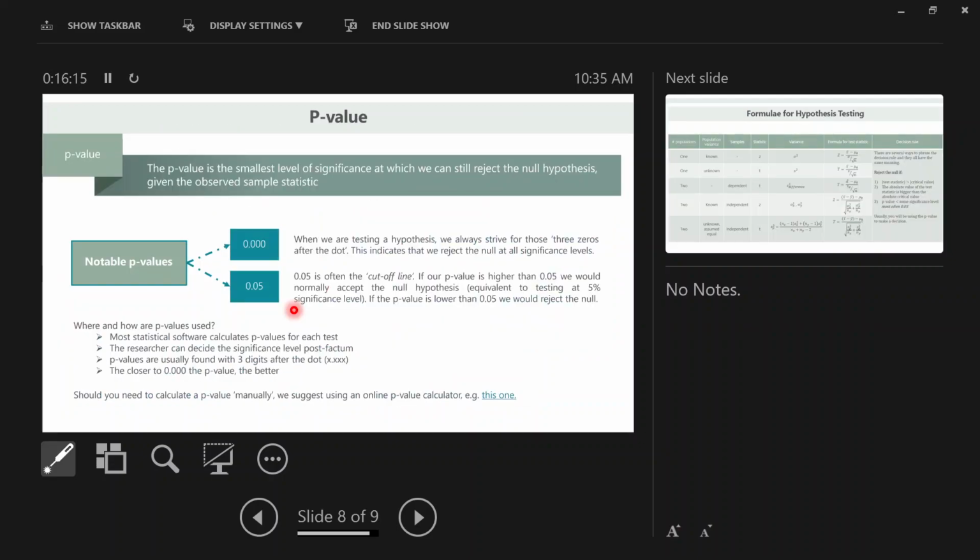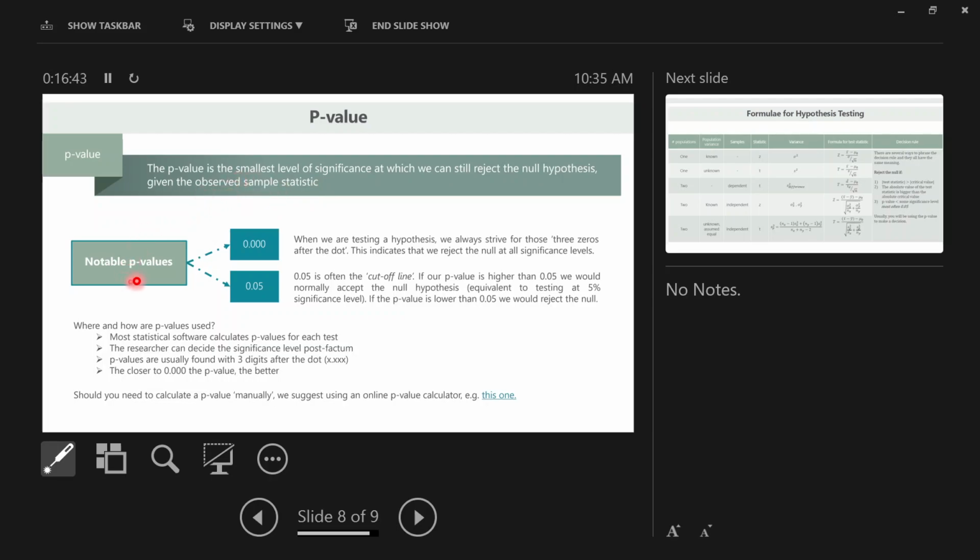That one takes us to the next level, the p-value. This is the most important part also. We are saying that the p-value is the smallest level of significance at which we can still reject the null hypothesis. So given the observed sample statistic, we are going to see how to calculate the observed sample statistics.